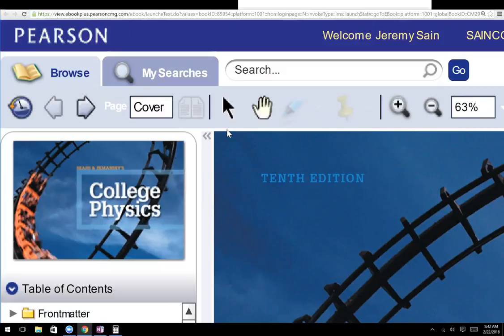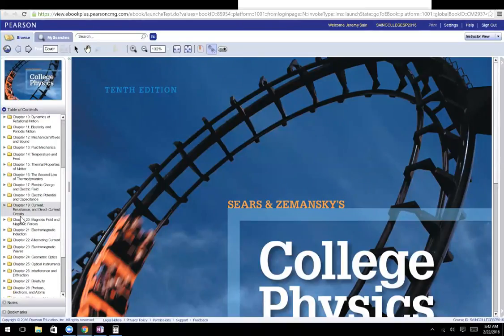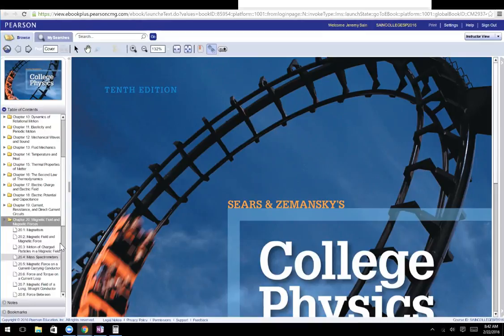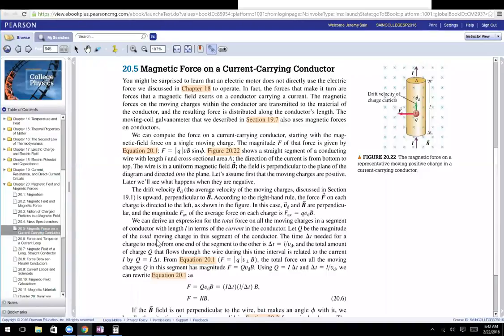I was hoping it would get smaller again. Okay, that looks better. Chapter 20, motion of charged particles, force and torque, and force on a current carrying conductor.